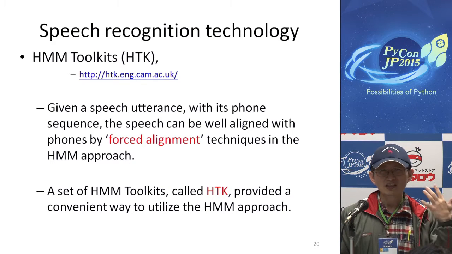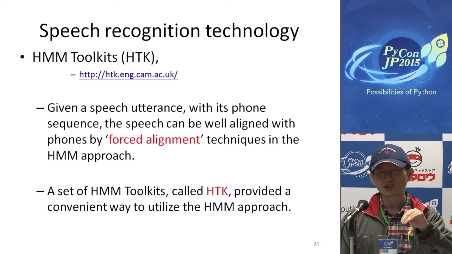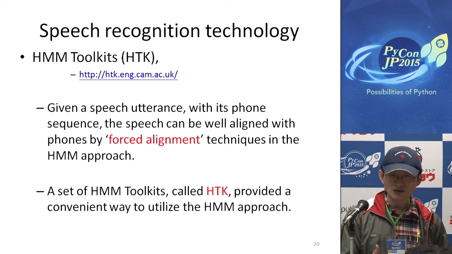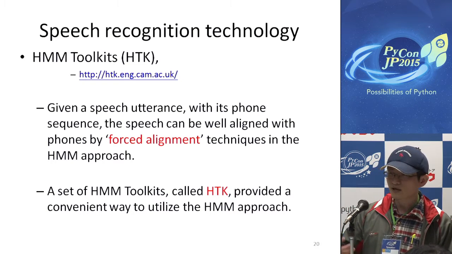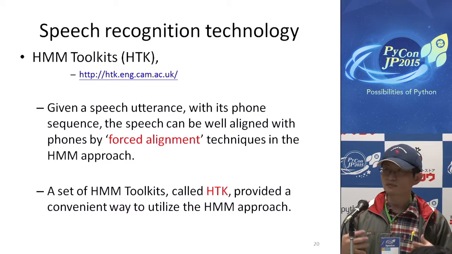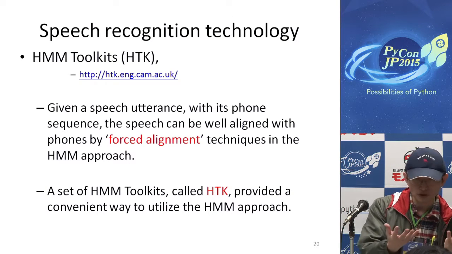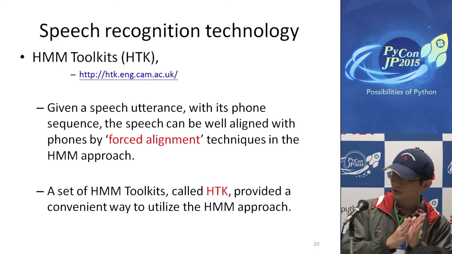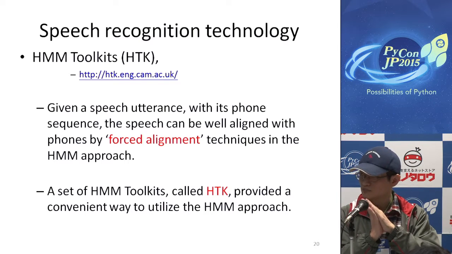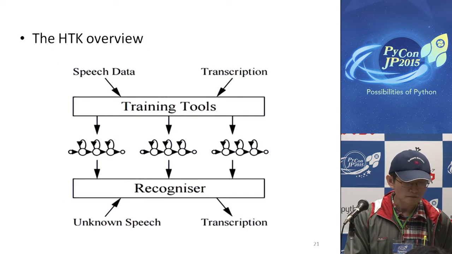Any entry point for speech recognition technology has so-called forced alignment. As long as you have a wave and the phonetic transcription, run this technology and it will output the text or phonetic symbols with the time stamps.